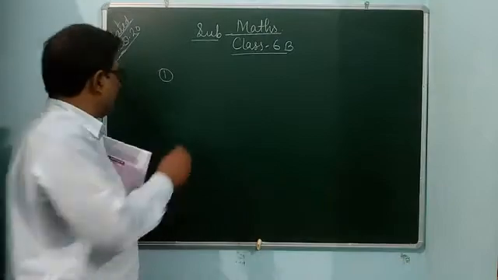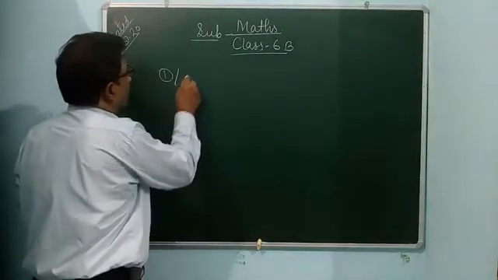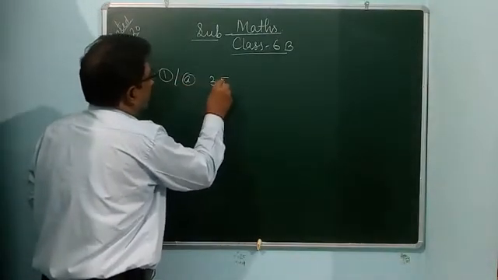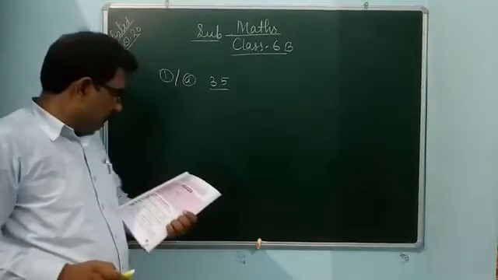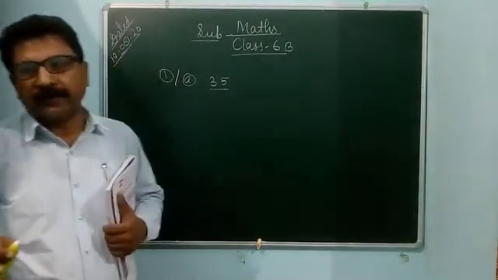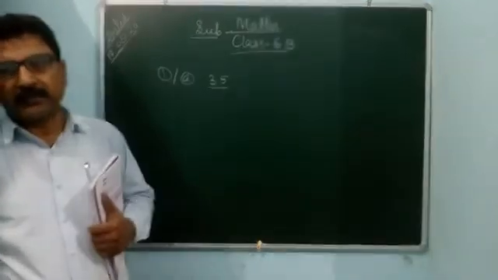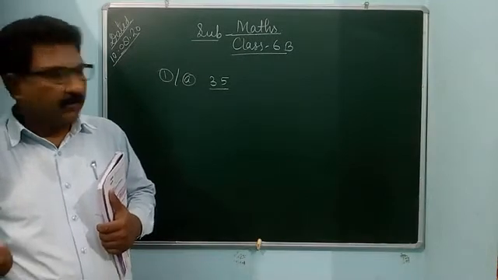In the first question, part A is given 35. You see, 35 has more than two factors. How?